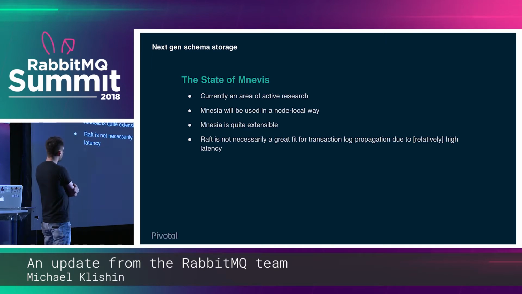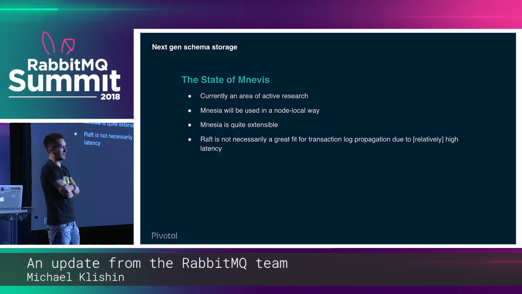And it turns out that Mnesia is very extensible. In fact, it's unbelievable. I have never seen a data store where you can replace a transaction layer with your own. Again, I'm not saying that you should, but that's quite remarkable. So at this point, we don't think that Raft without extensions would be optimal for this kind of data store.